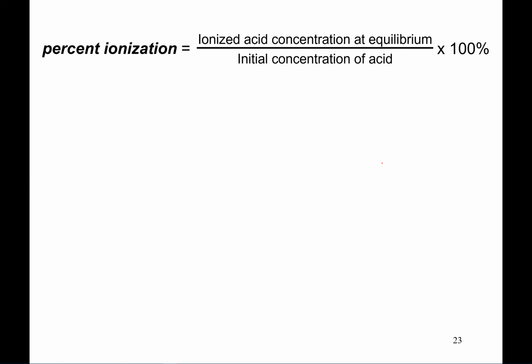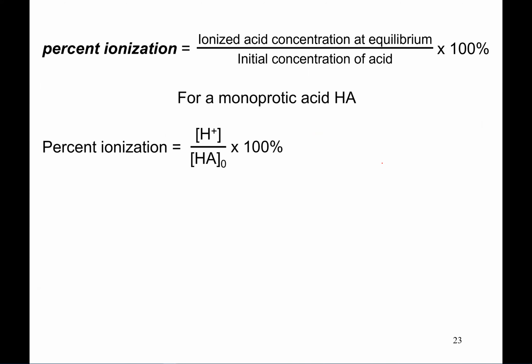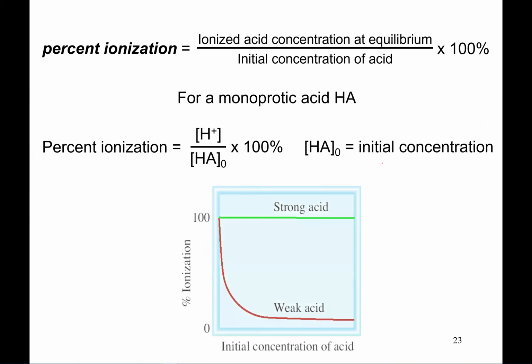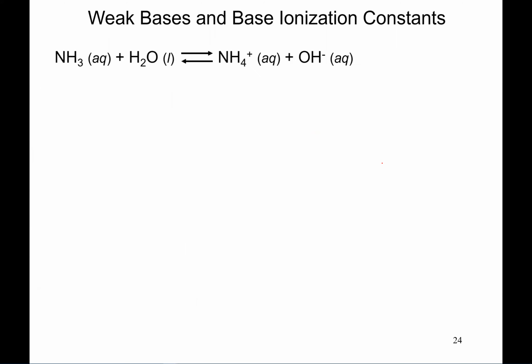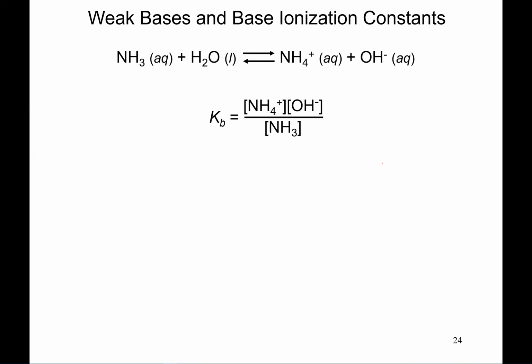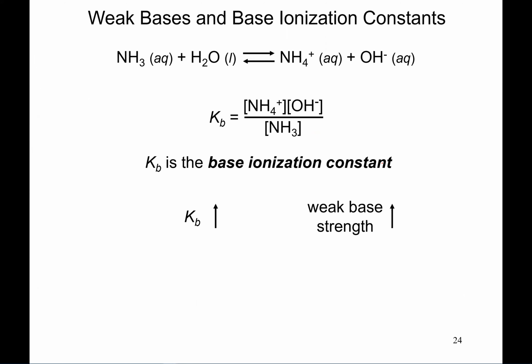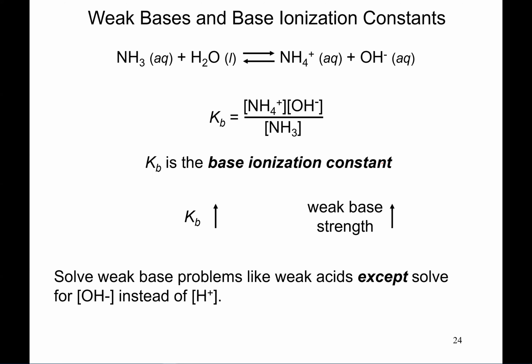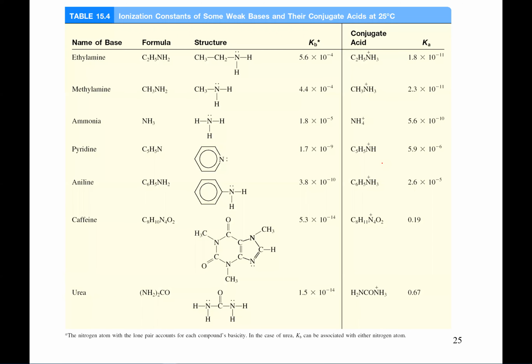Percent ionization there for a monoprotic acid like this, strong acid, weak base, and base ionization constants. You have Kb associated with those. Kb is the base ionization constant. Solve it like the weak acids, except with OH instead, and there are some other Kbs associated with that.